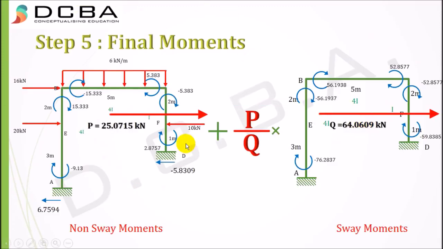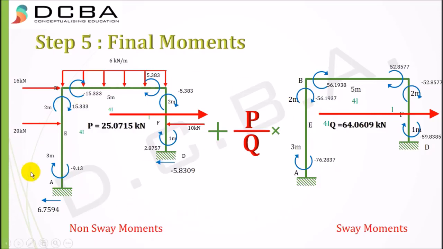Final moments are given like this. So P was 25.0715, Q is 64.0609. The final moment at any point would be the non-sway moment plus the sway moment scaled by the ratio. Say if I want to find the moment at A, that is MAB. So it is the non-sway moment of MAB plus the P by Q ratio, that is this P force divided by the Q force, times the sway moment of MAB.